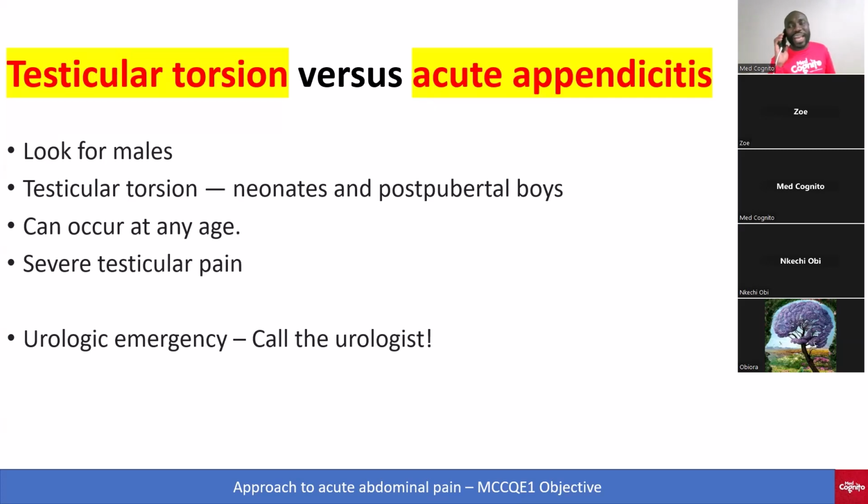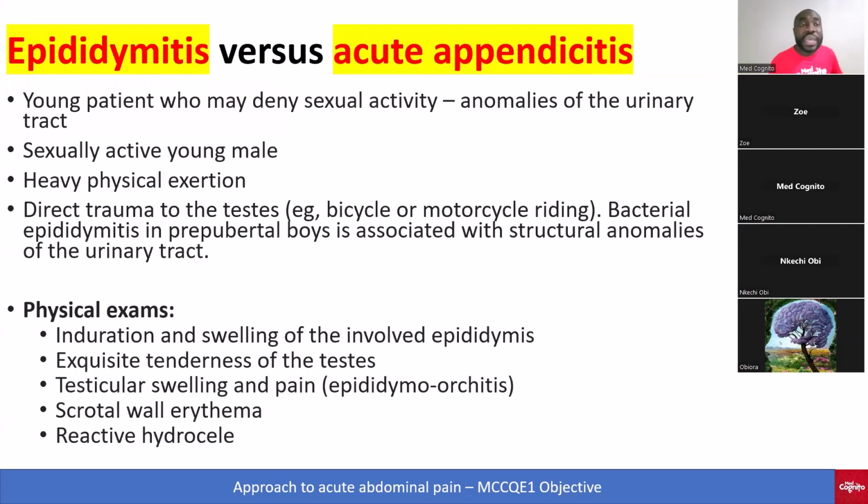Hey, Dr. Zoe, the urologist on call, please, I have this patient, 14-year-old male, severe testicular pain. He does not even want me to examine it. He's in so much pain. It started suddenly. I think this patient has testicular torsion. Please, this patient needs to be seen as soon as possible because testicular torsion is a urologic emergency.